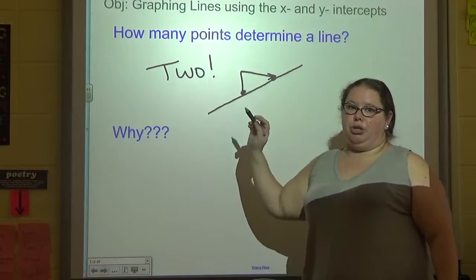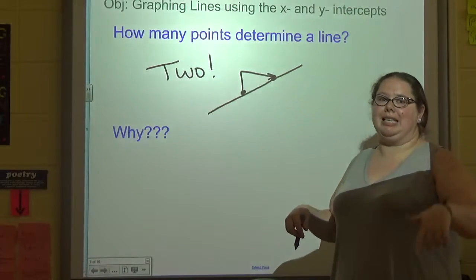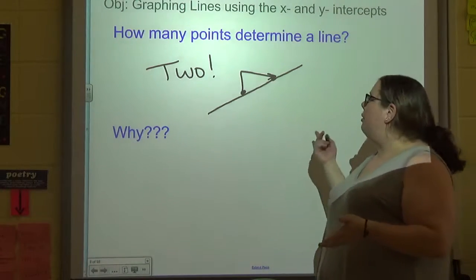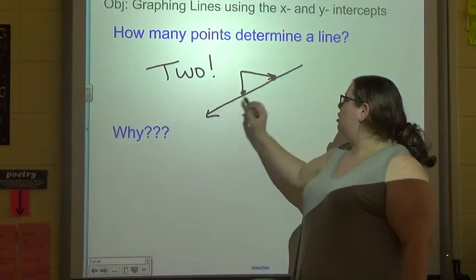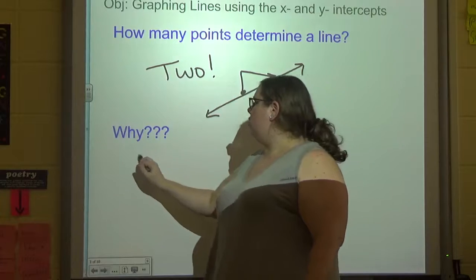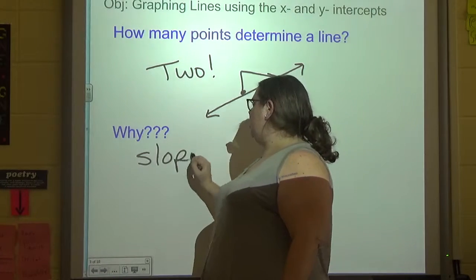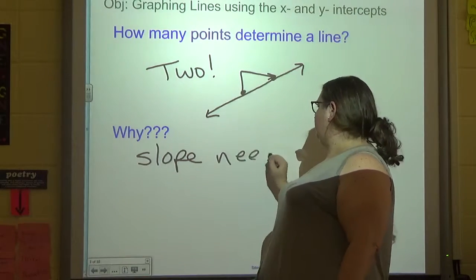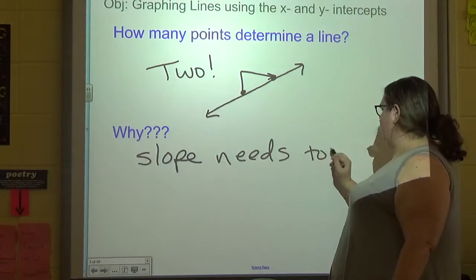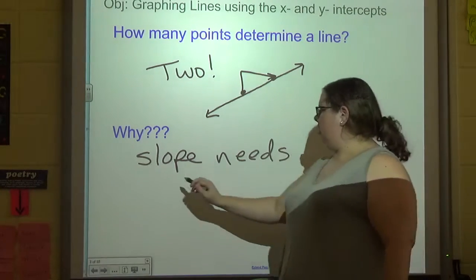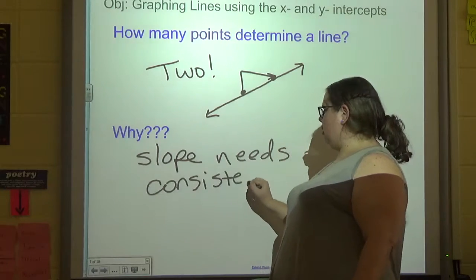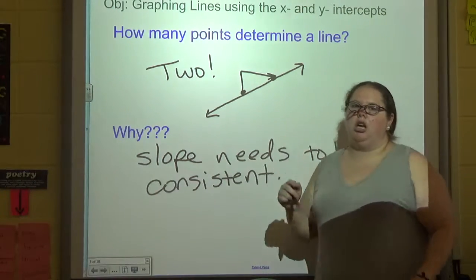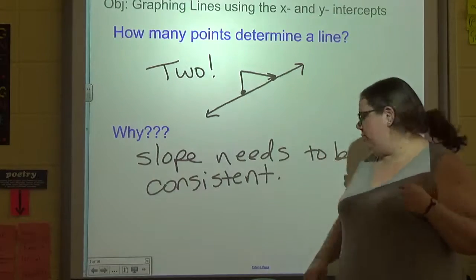Once you determine your slope, you have to keep doing that same thing over and over again. Otherwise, it's no longer a line and it turns into a curve. Because slope needs to be consistent. Alright, so that's the basic reason why you only really need 2 points.